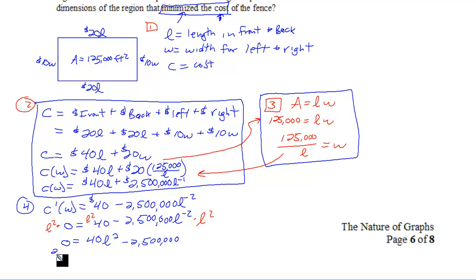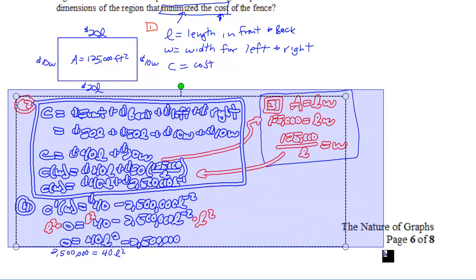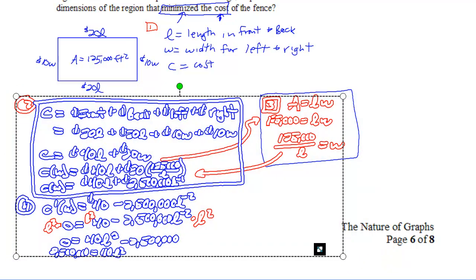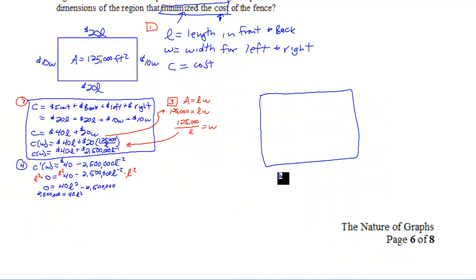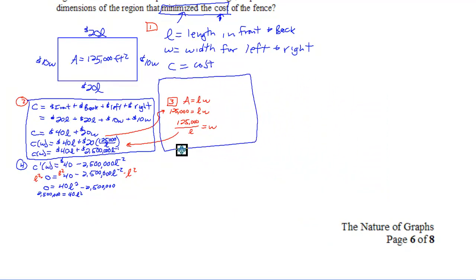Add 2,500,000 to both sides. Divide both sides by 40. I am super duper out of room. Fortunately, I can do crazy things like this.